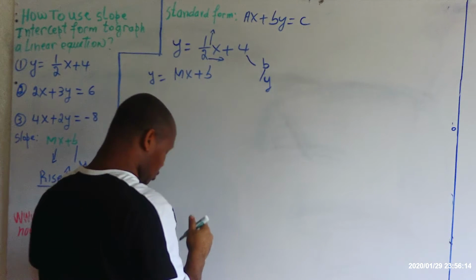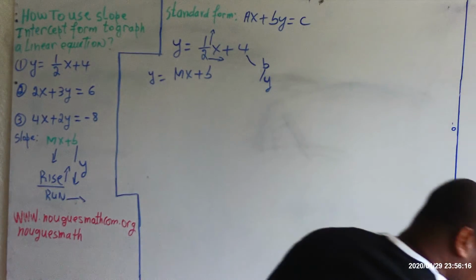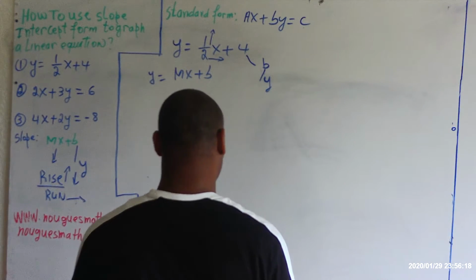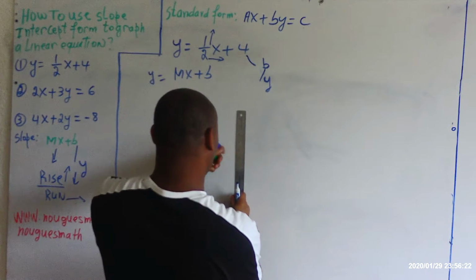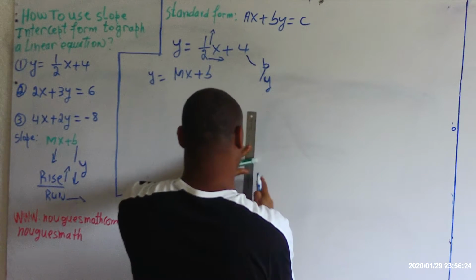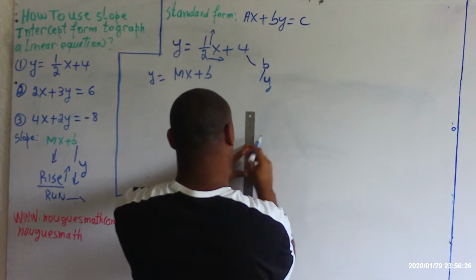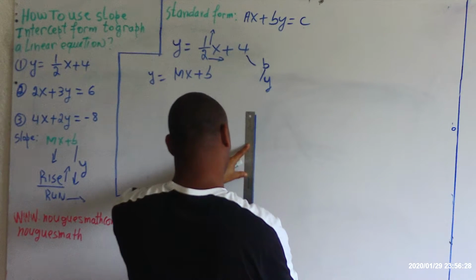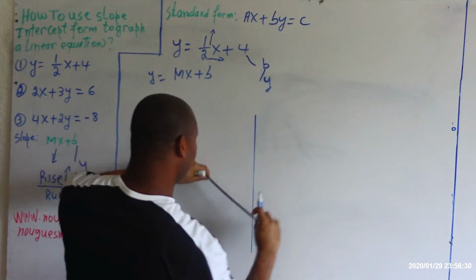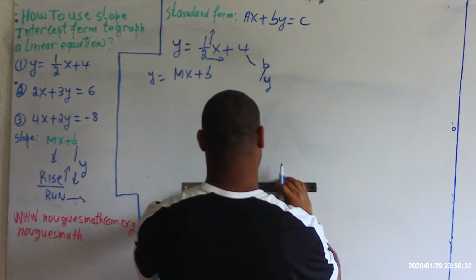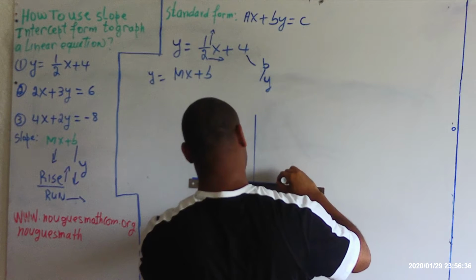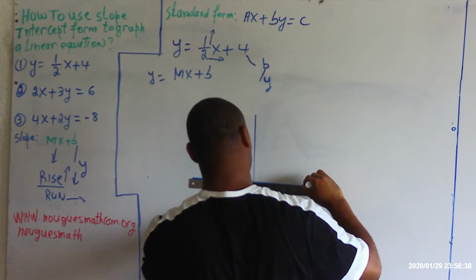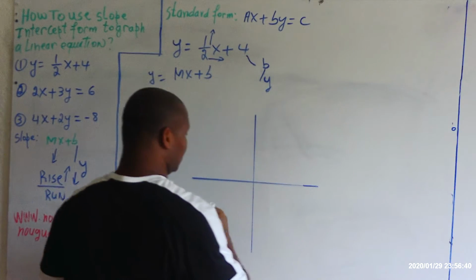I'm going to show you. Let's graph it. See the number line. As I told you, that's easier than a table. So let's do that.